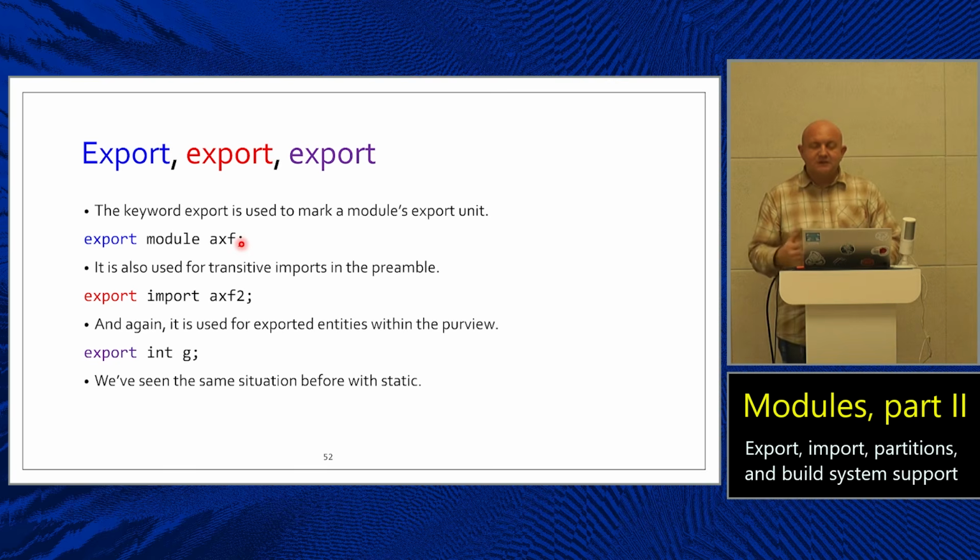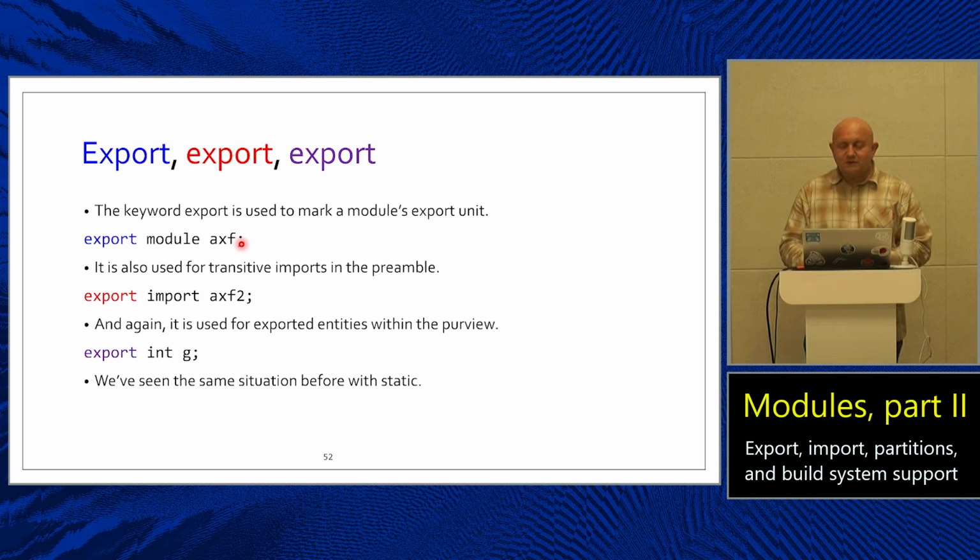That just tells the compiler this is the module's public interface, which by the way implies there can be other kinds of module units, non-exporting ones. And what do we put here? Exactly everything that should be exported. Then we have this one.